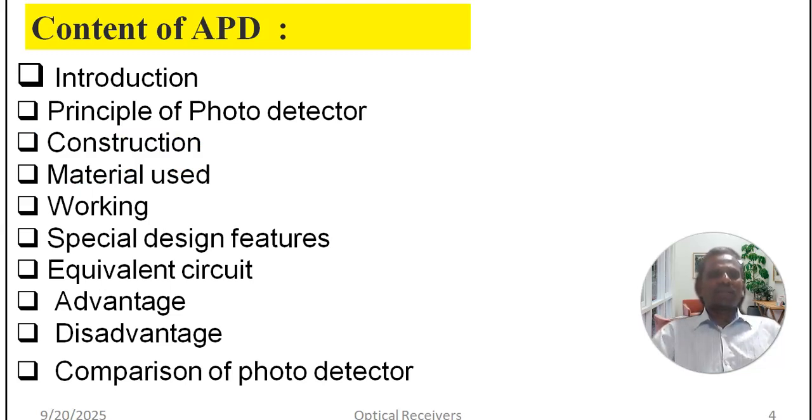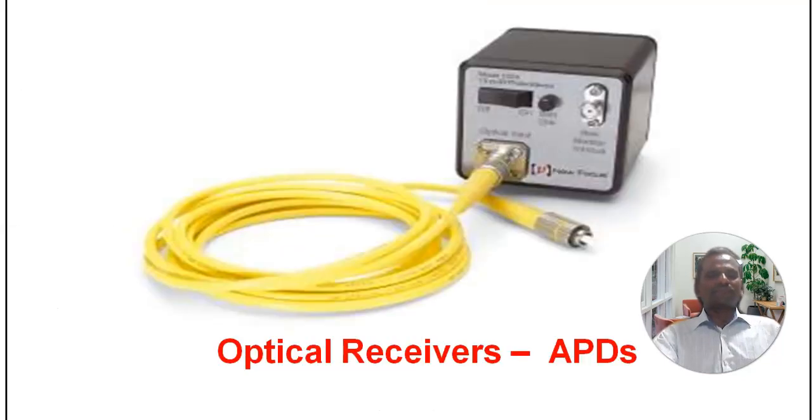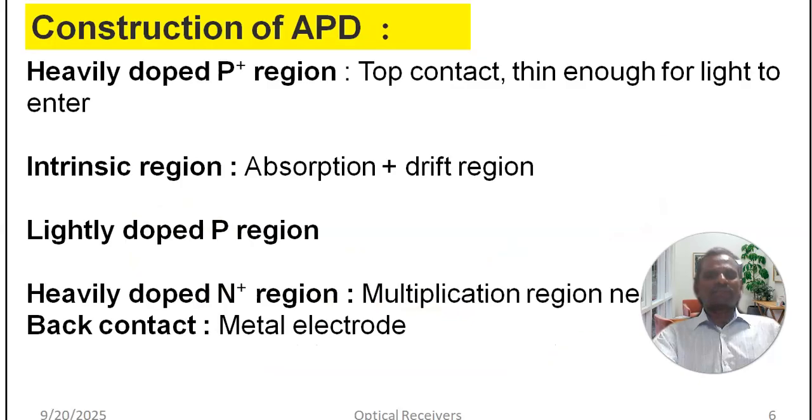This is my content page: introduction, principle of photodetector, construction, material used, working, special design features, equivalent circuit, advantage, disadvantage, and comparison of two photodiodes, that is avalanche photodiode and PIN photodiode. This is the practical application of your avalanche photodiode, how it looks like.